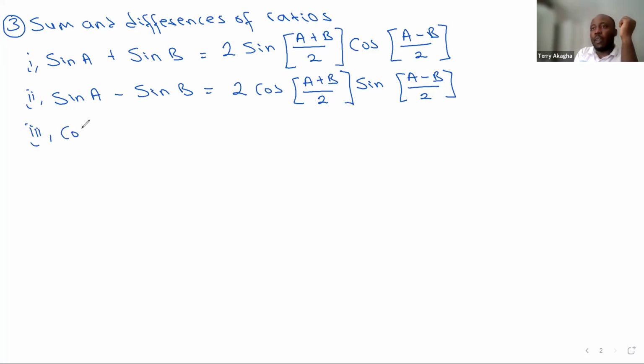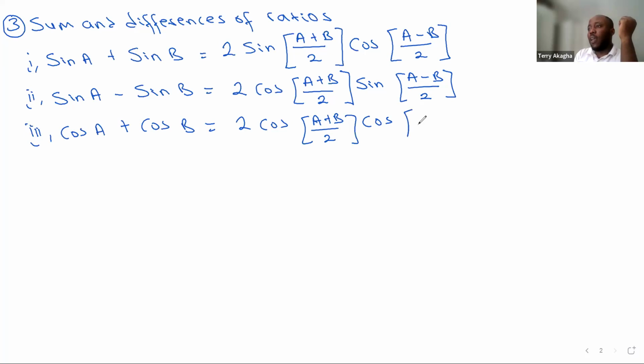Number 3, we're going to do cosine now. Cos A plus cos B will give you 2 cos (A plus B) over 2, and instead, you're going to have cosine here as well: cos (A minus B) over 2.